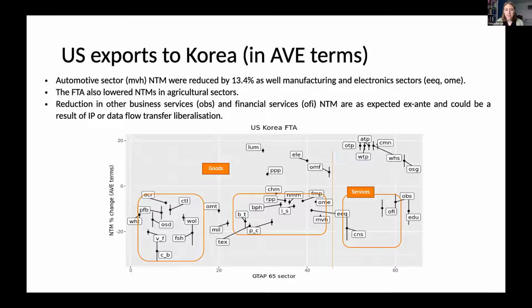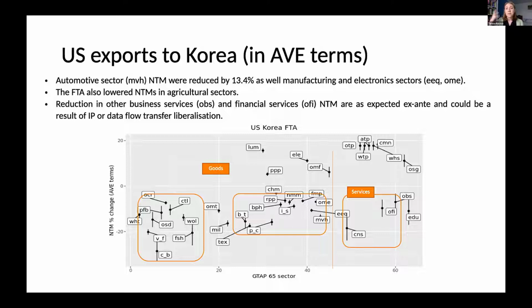So in terms of the actual results, this is US exporters to Korea, so NTMs faced by US exporters when entering the Korean market. We can see a reduction in NTMs in the automotive sector, as well as manufacturing and electronics.